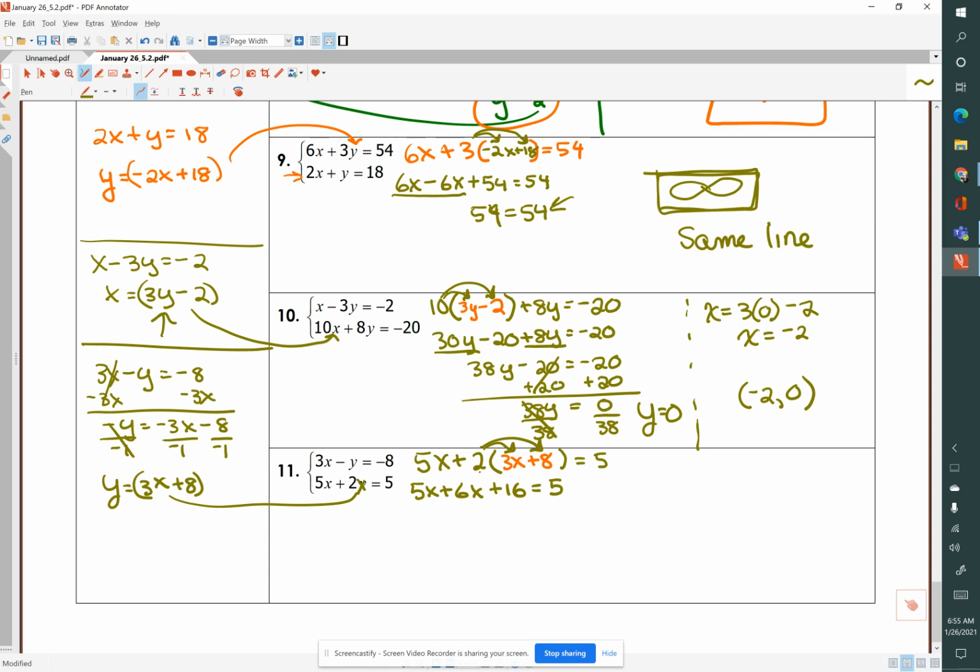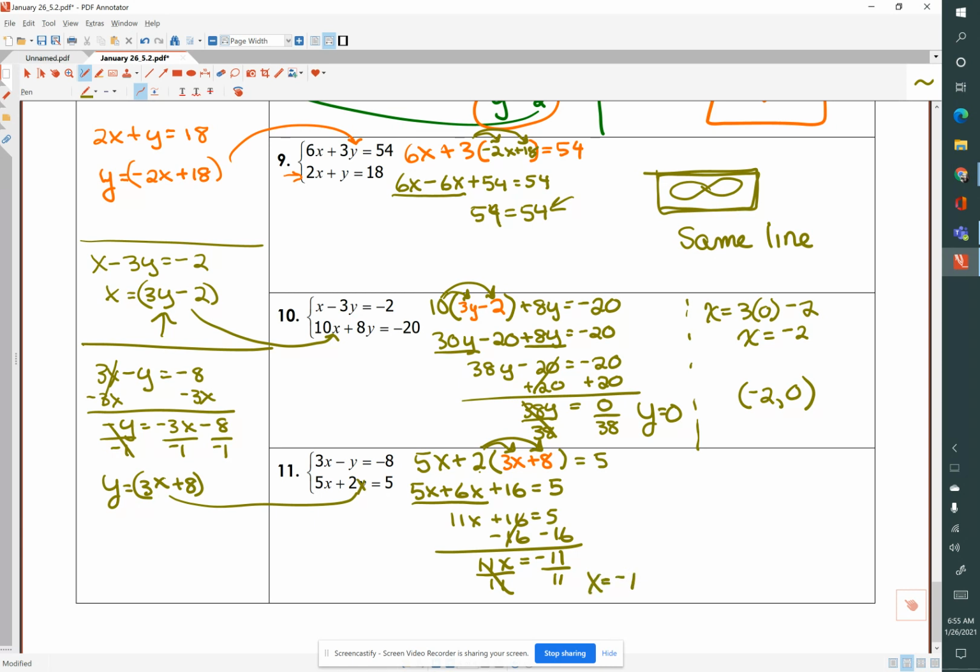And the next thing we will do is combine 5x plus 6x for 11x plus 16 equals 5. Subtract 16 from each side of this equation. 11x equals negative 11. Divide both sides by 11. And x equals negative 1.